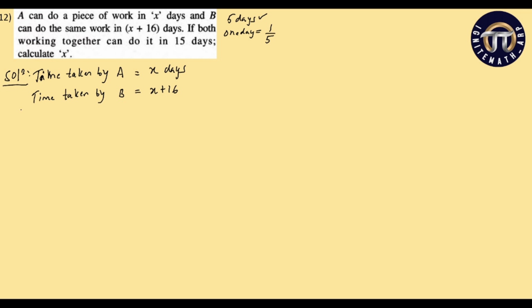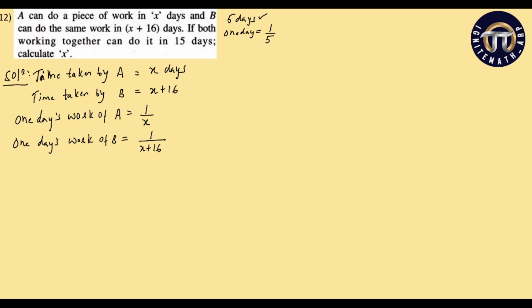So now can you tell me what is 1 day work of A? So 1 day's work of A is going to be 1 by x. Then similarly 1 day's work of B is going to be 1 by x plus 16.